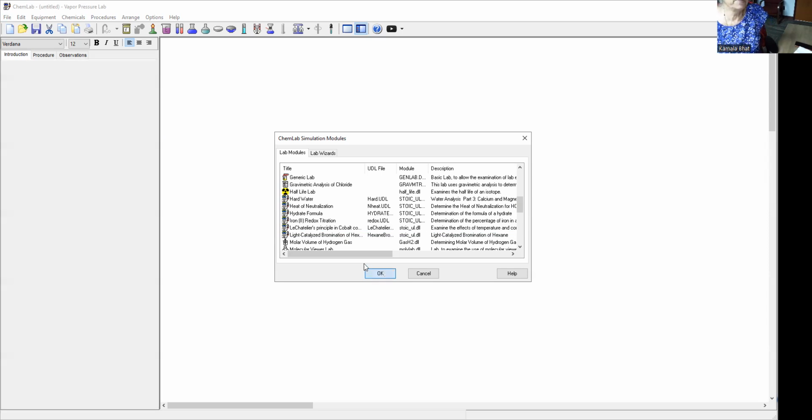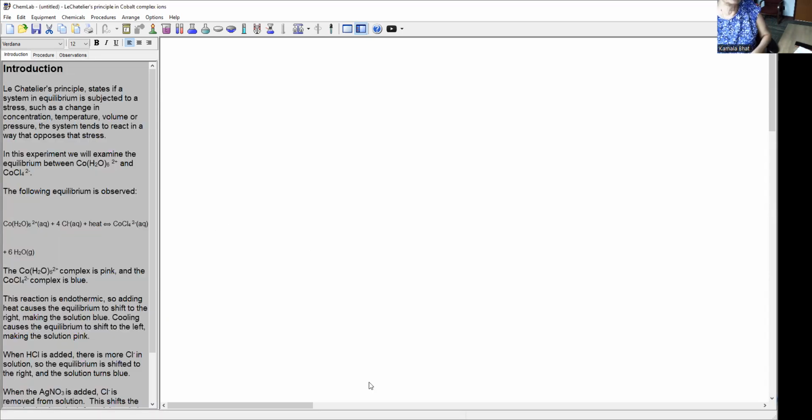And this is a really beautiful experiment because the cobalt chloride solution in water and in its actual complex formation has two different colors, and we can determine just by looking at the color which direction the reaction is going to move.